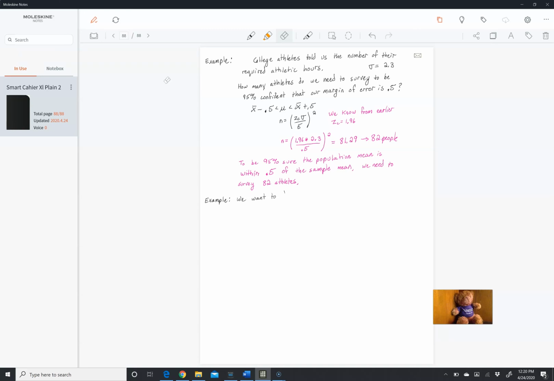We want to find the average number of hours a U.S. adult sleeps at night.